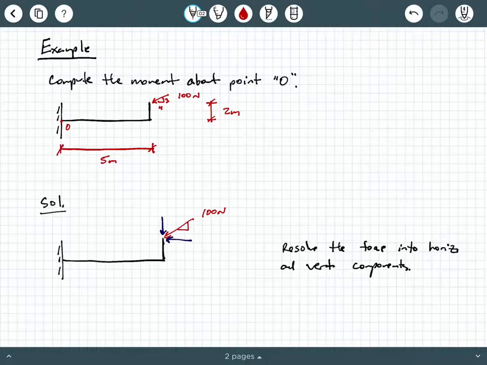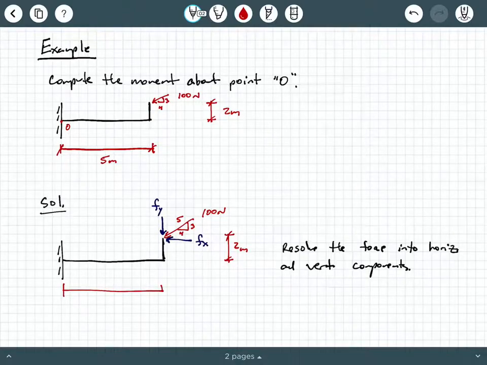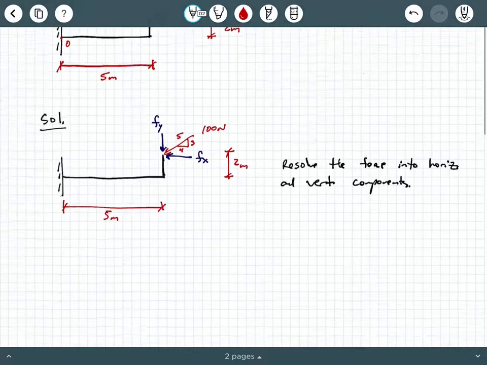And that's again based on our slope angles, or our slope ratios. It's a 3-4-5 ratio slope. So I'm gonna call the horizontal piece little fx. I'm gonna call the vertical piece little fy. And don't forget our dimension lines that we have here, 2 meters and 5 meters.